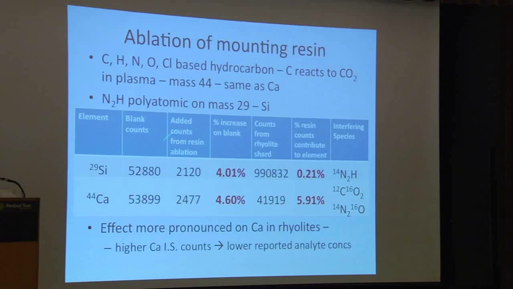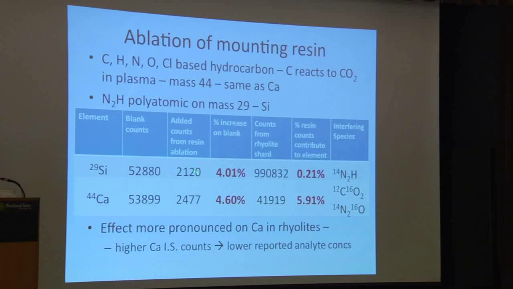Ablate the resin with the conditions that you would normally use to ablate a grain, extra few thousand counts for each of these peaks because of these polyatomic species, nitrogen, hydrogen, or CO2, or whatever. And they give a 3, 4, 5% increase depending on what the conditions are.